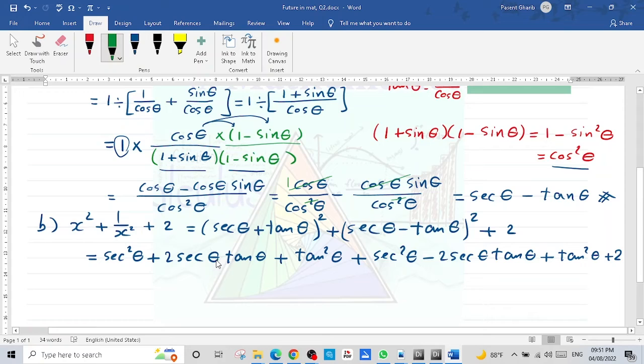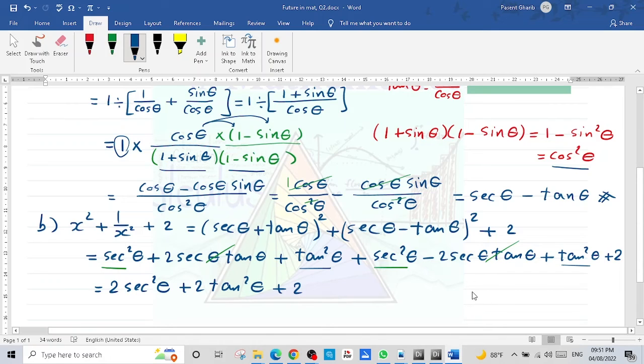Simplify. 2 sec theta tan theta and minus 2 sec theta tan theta cancel together. Sec squared plus sec squared is 2 sec squared. Tan squared theta plus tan squared theta is 2 tan squared theta. All of this plus 2.